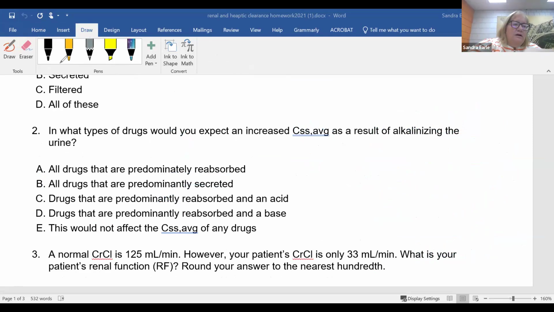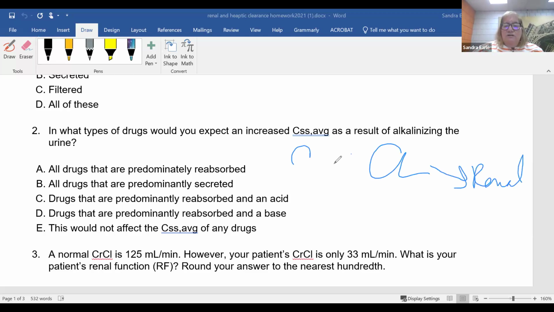All right. So when you're thinking overall about clearance, the first thing you're going to have to figure out is whether it's primarily renal or primarily hepatic. And how are you going to determine that?